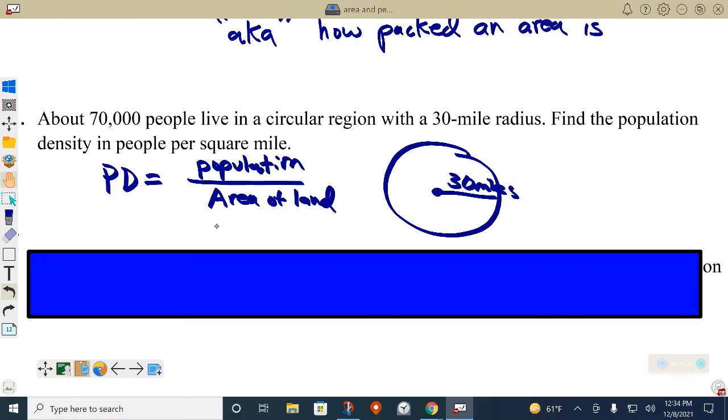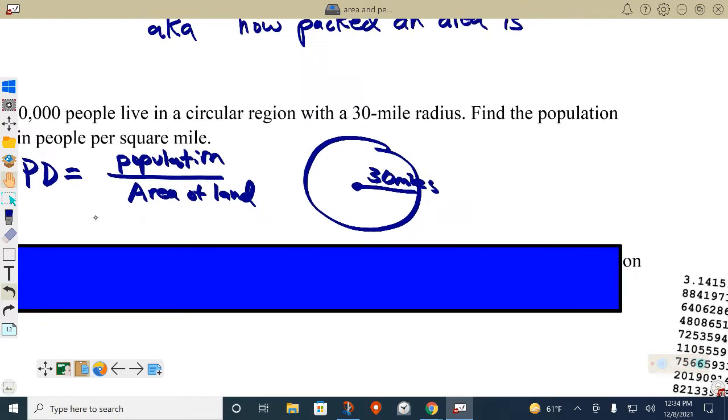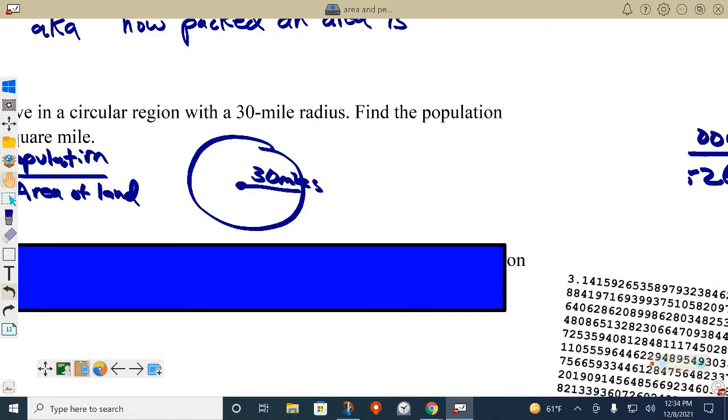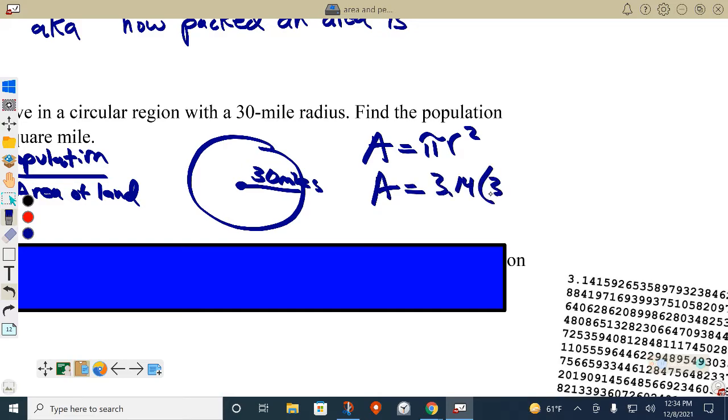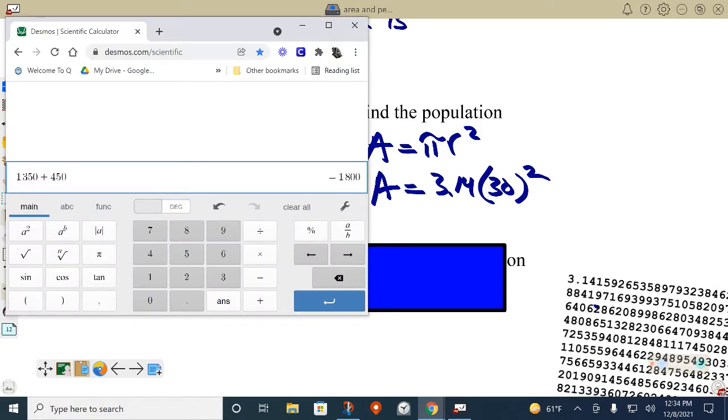So population density is the population divided by the area of the land. So let's find the area of the land first. The area of a circle is pi r squared. So the area then is going to be 3.14 times the radius, 30 miles, to the second power. Let me get my calculator. 3.14 times 30 to the second power.